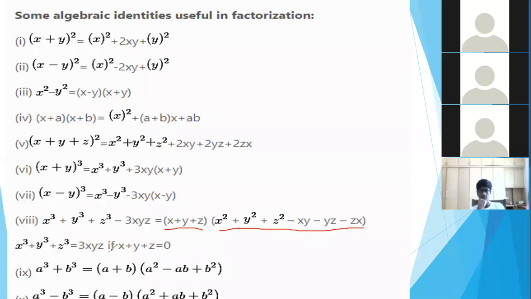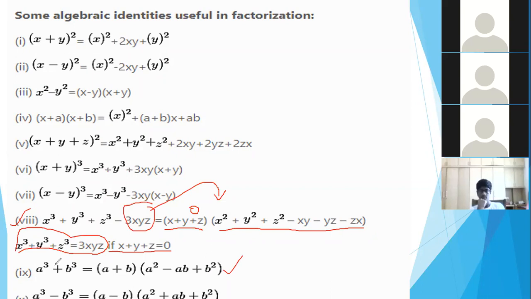If x + y + z = 0, then x³ + y³ + z³ = 3xyz. Because if you observe this eighth identity, the value of x + y + z is 0, and 0 into anything is 0. So minus 3xyz, if you transpose, will come plus 3xyz. That is the formula. They are the same, but you can write this also. Next.